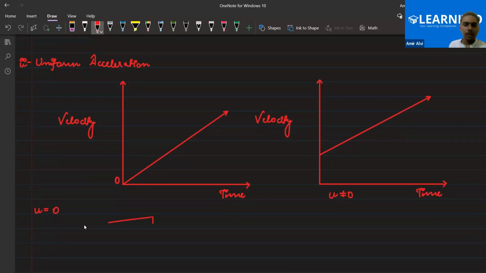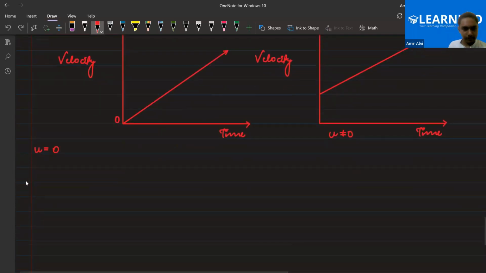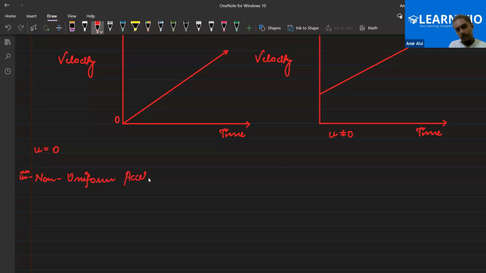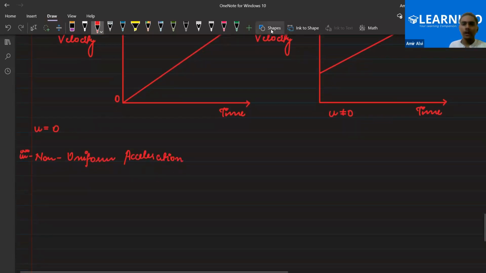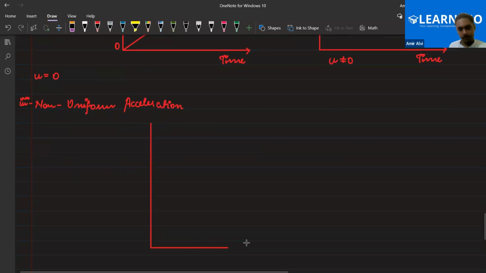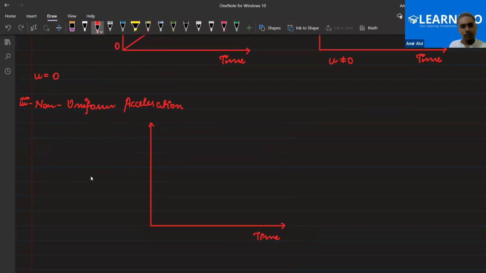Okay. Now let's talk about the third case: non-uniform acceleration. So how does it look? It looks like this. Time, velocity.